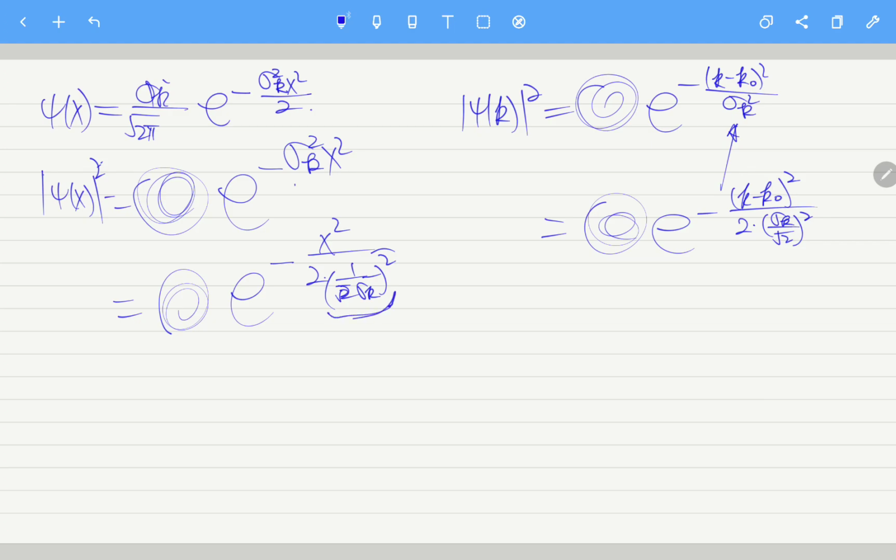So this is the standard deviation of x, and this is the standard deviation of k. So this is delta k, or sigma_k.